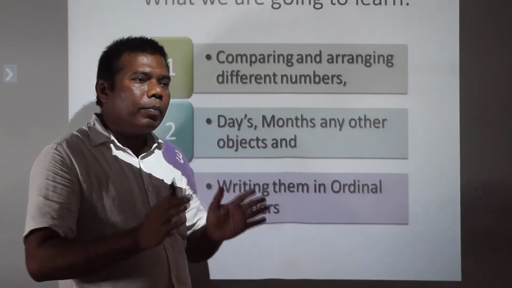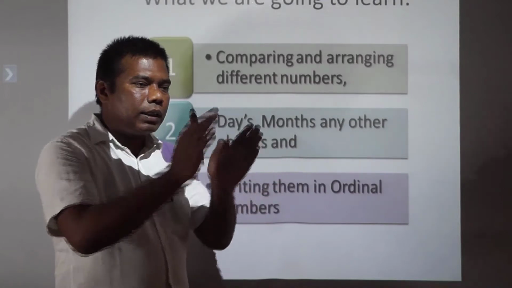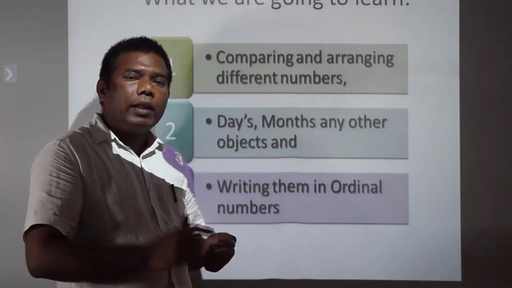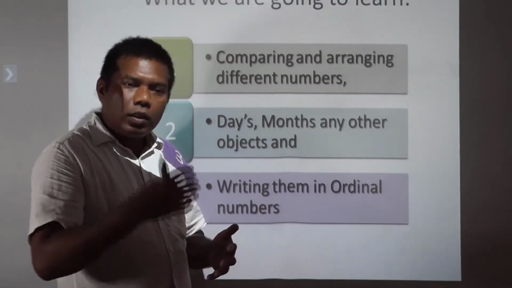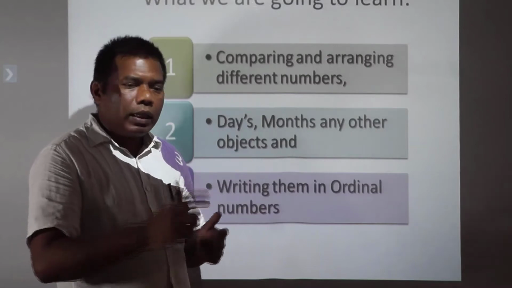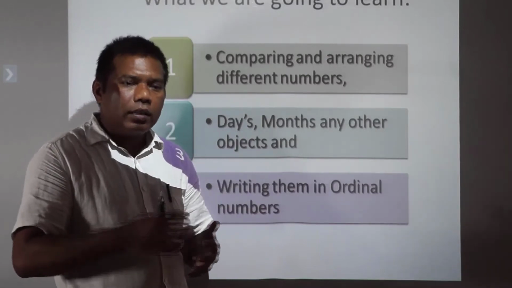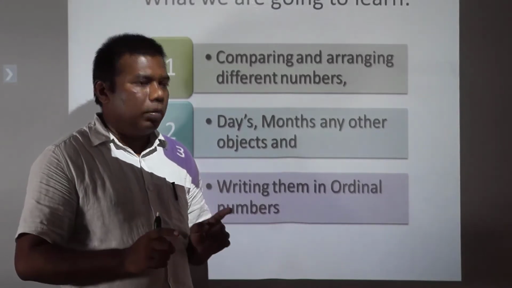Suppose some are compared by position. Suppose something is in first position, second position, third position, fourth position, and when we write 1 as first, 2 as second, 3 as third, these numbers, first, second, third, fourth, are called ordinal numbers.